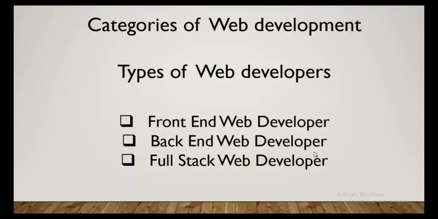Back-end developers create the backbone of the web application. They write code logic that handles what happens to users' data and inputs, and also retrieve user data. Full-stack developers do bits of both the front end and the back end, which means they are both the front-end developer and the back-end developer.